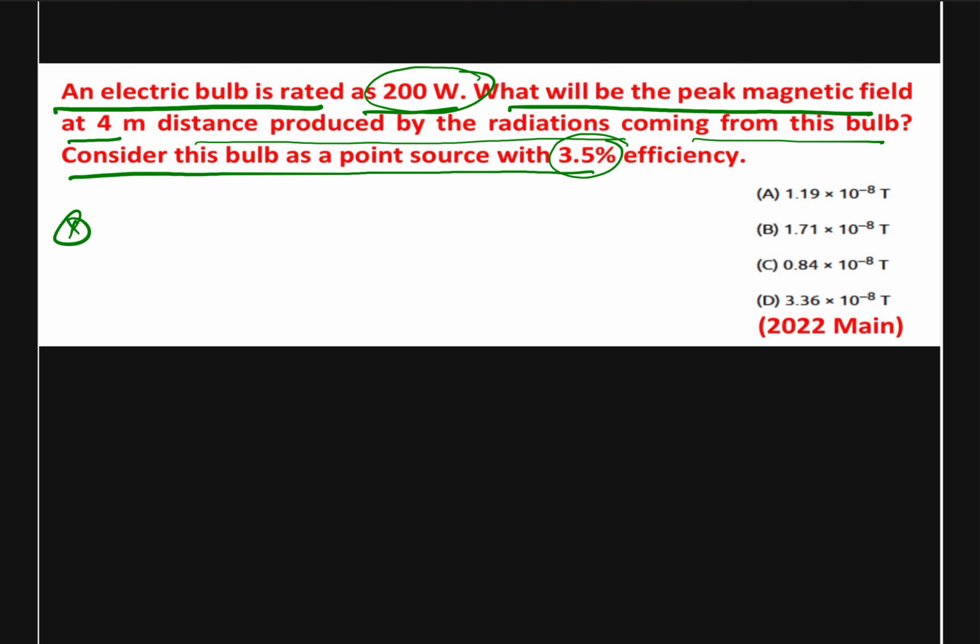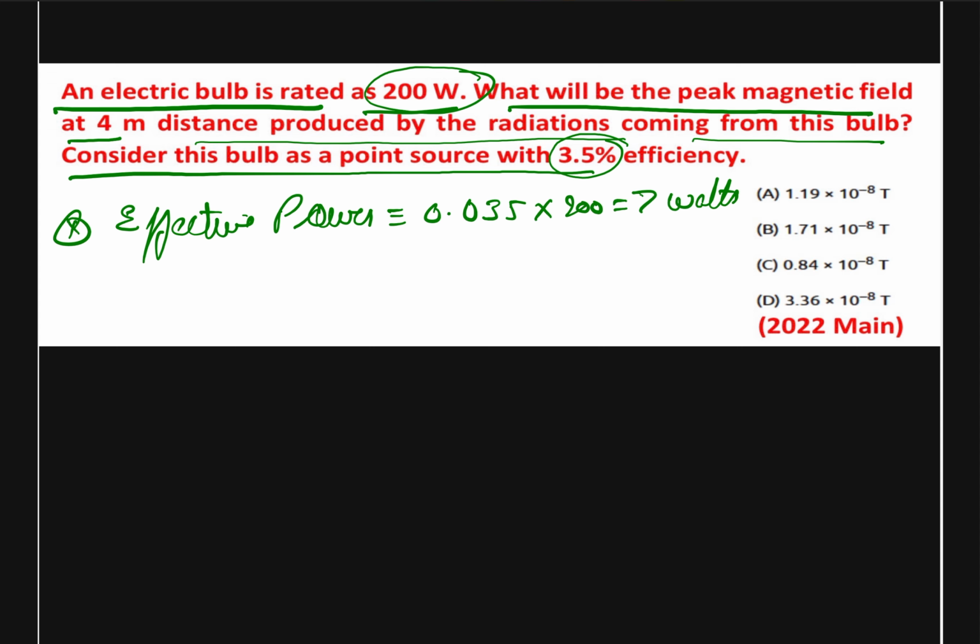So it means the effective power of the bulb will be 0.035 times 200. This comes as 7 watts.